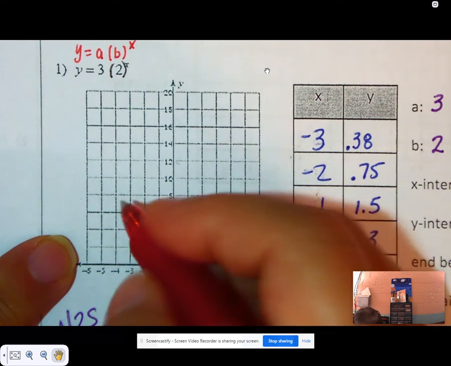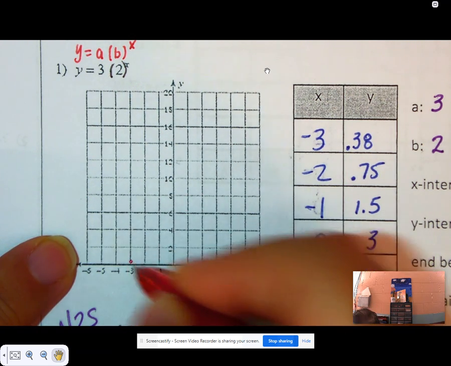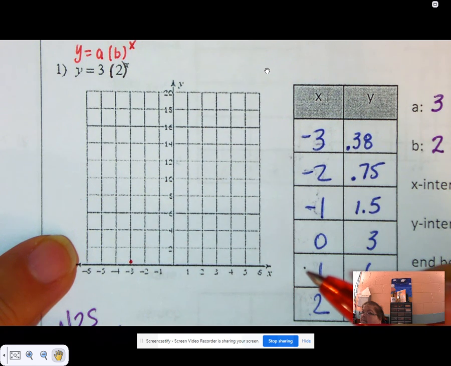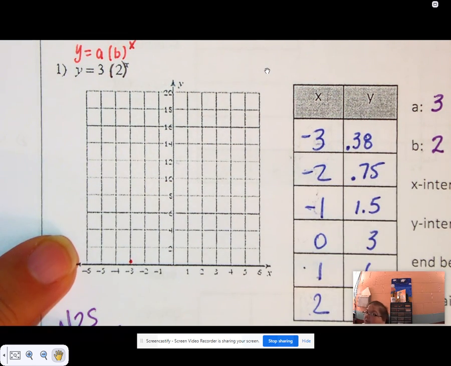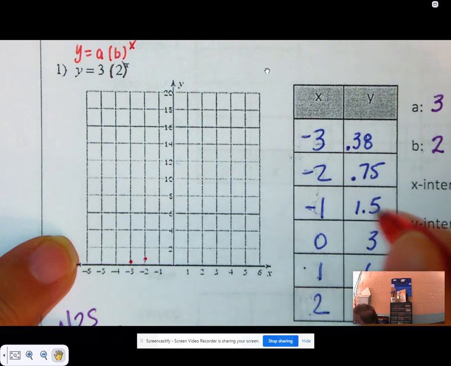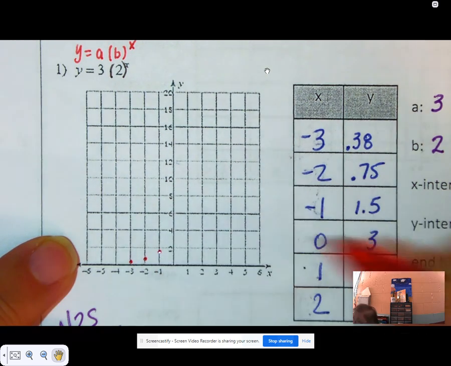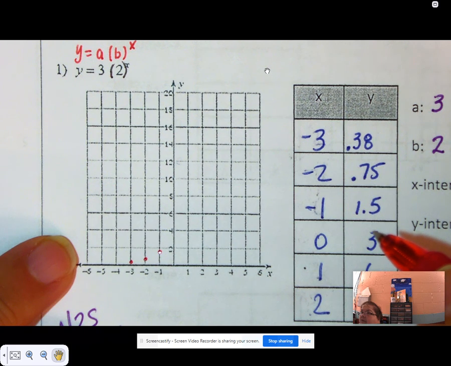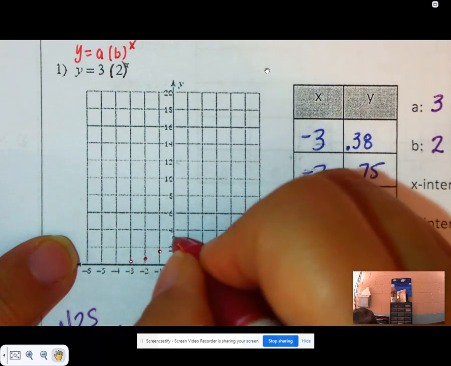Well, 0.38 is going to be very close to that x-axis. Just get it really close, don't touch it. -2, 0.75 is still not 1, so we're going to bring it up just a little bit. And then -1 and 1.5 would be about right there. Just get it close. That's all I need. Then 0, 3, that's halfway between 2 and 4.